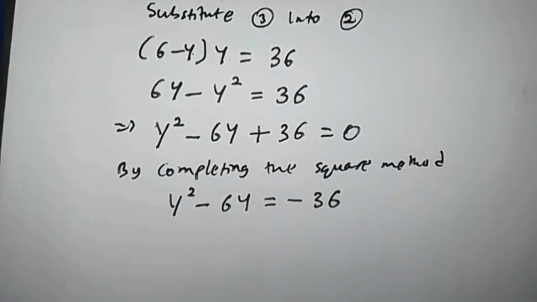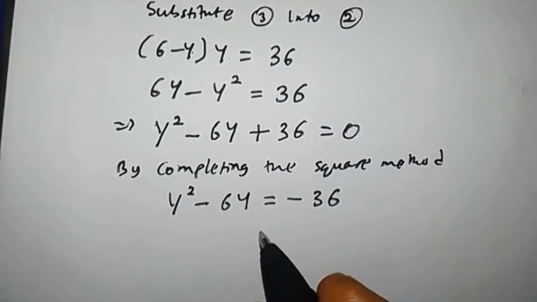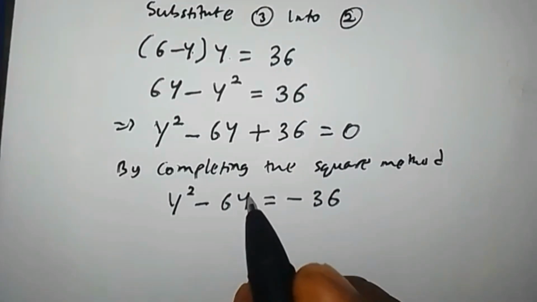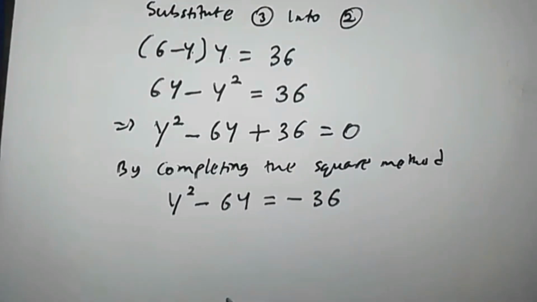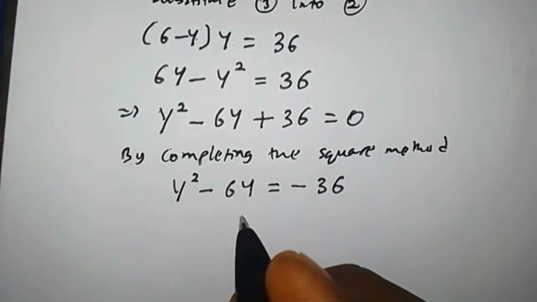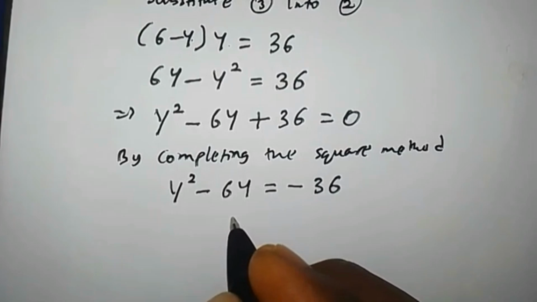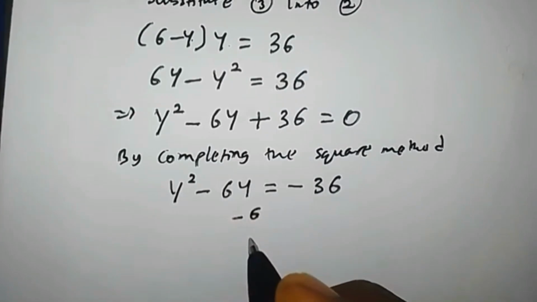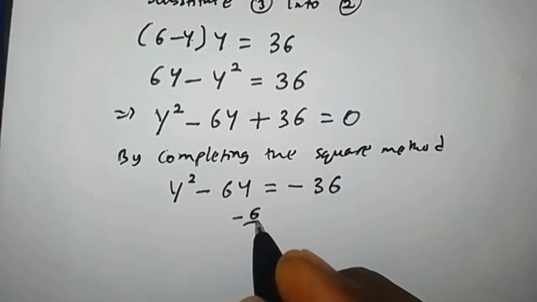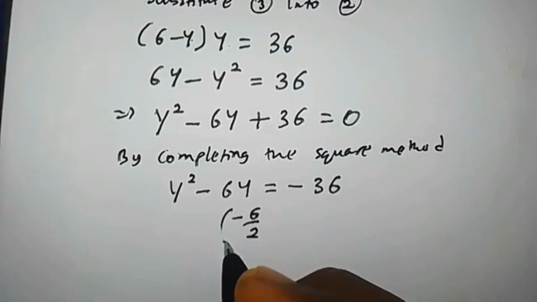Now, the second step is that we are going to add half of the coefficient of y, and at the same time square it, to both sides. The coefficient of y here is minus 6. And what is half of minus 6? That is minus 6 over 2. And we square it.